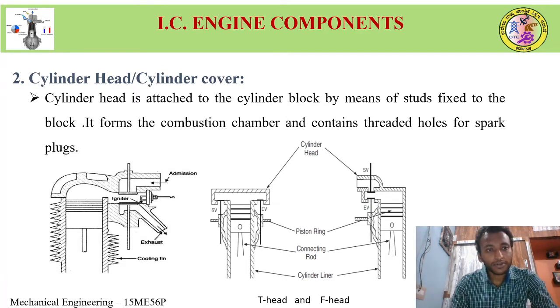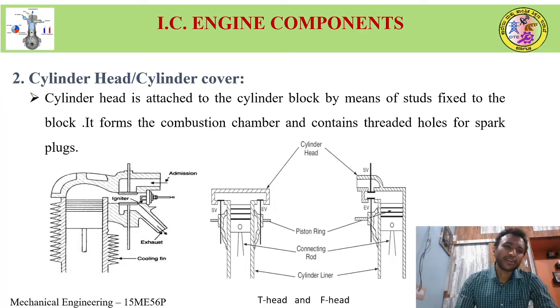Especially in racing cars, they cast the cylinder head along with the cylinder body. They cast both the cylinder block and cylinder head as one, to avoid leakage and make a leak-proof joint.